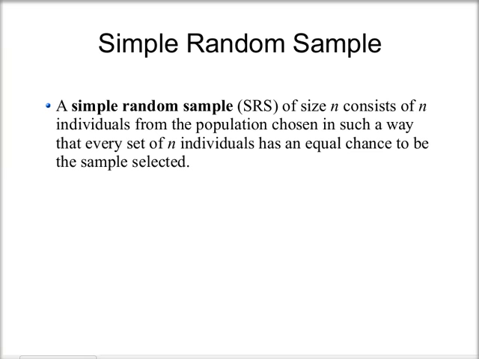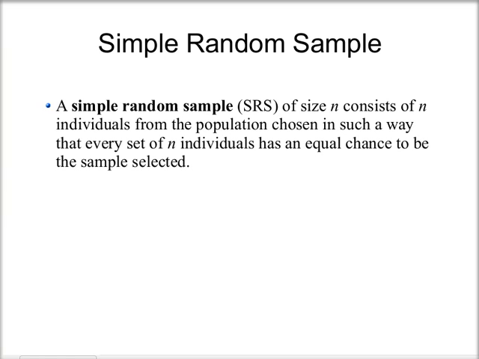A simple random sample, or SRS, of size n consists of n individuals from the population chosen in such a way that every set of n individuals has an equal chance to be the sample selected. So, for example, if I have a class with 10 students and 2 problems that I want done by a student on the board in front of the class, I need a way of choosing where any pair of students will be equally likely to be the ones selected to come up and do the problems.